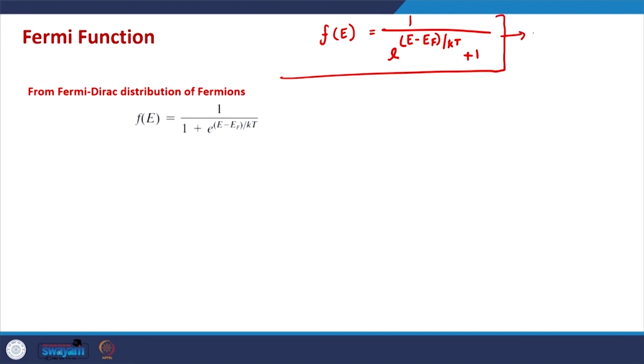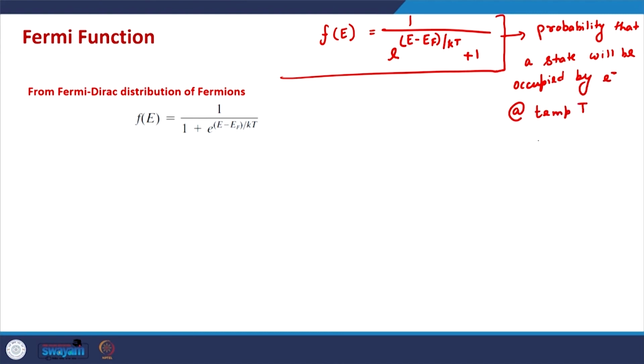Physically, it corresponds to the probability that a state will be occupied by an electron at temperature T in thermal equilibrium.